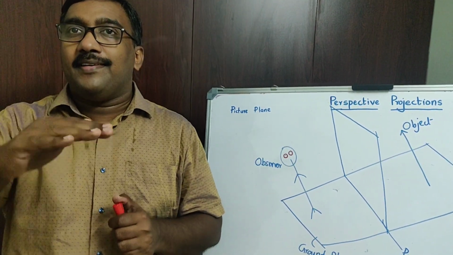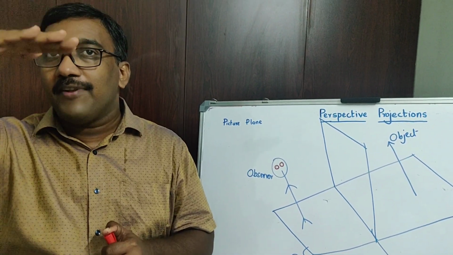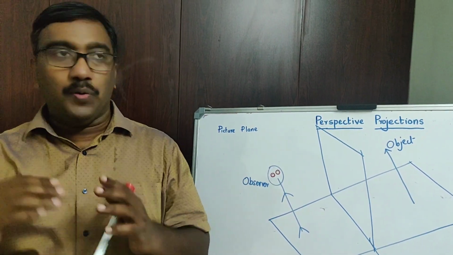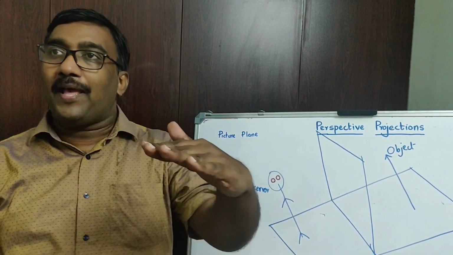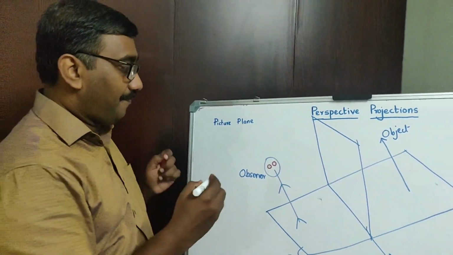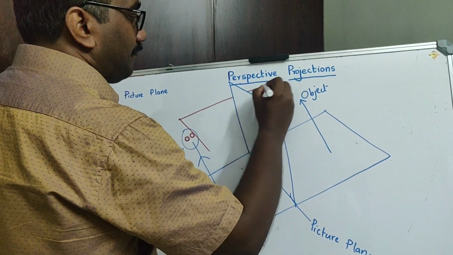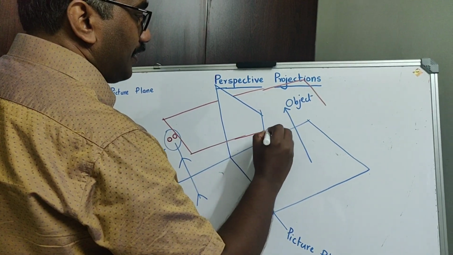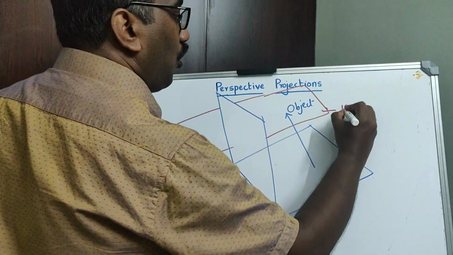If you are sitting, the horizon will come down. When you are standing, it will be at a higher elevation. So, depending upon the position of the eye of the observer, there is a plane which is parallel to the ground plane, that is known as horizon plane.